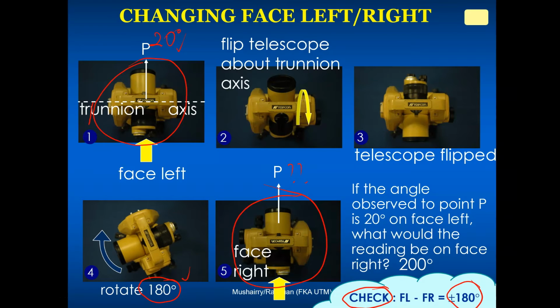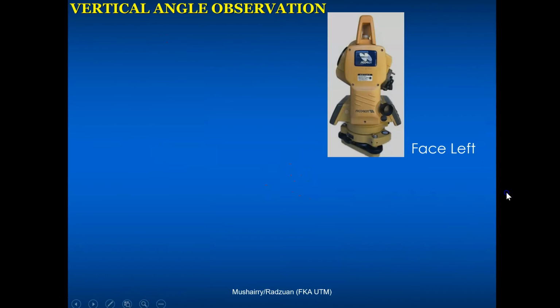So how about the vertical angle? What I have there on the screen is the total station in phase left, which means horizontal 90, zenith up towards the sky, 270 the other way, and 180 pointing down.